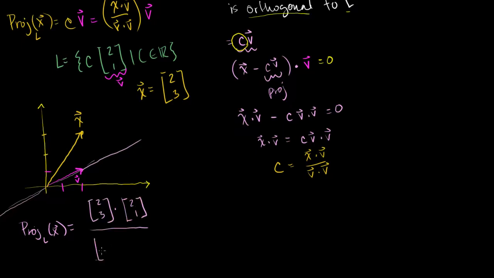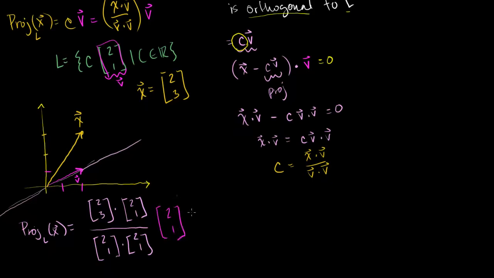So all of that over 2, 1 dot 2, 1, times our original defining vector v, which is this one right here, 2, 1. So times the vector 2, 1.